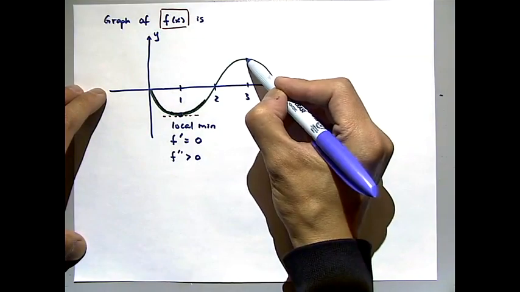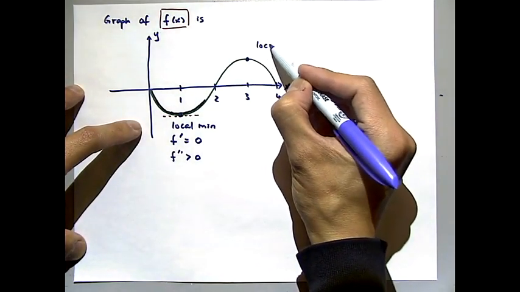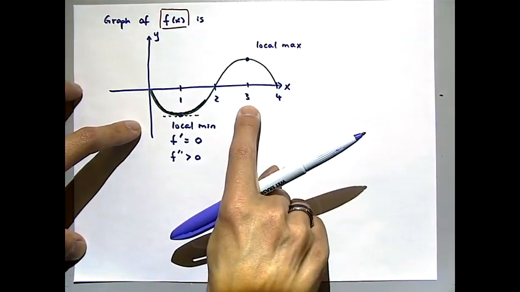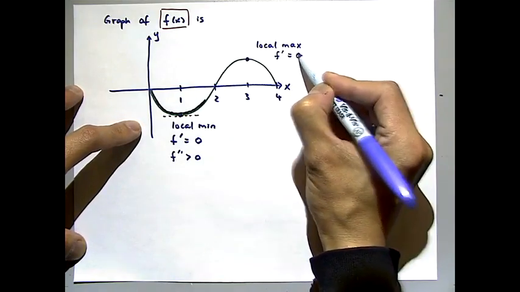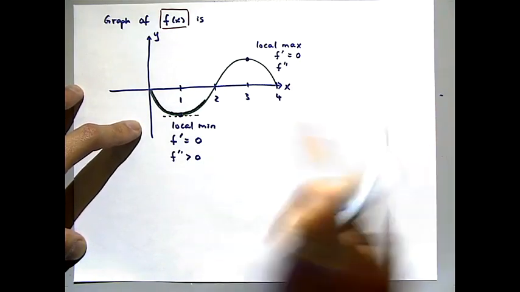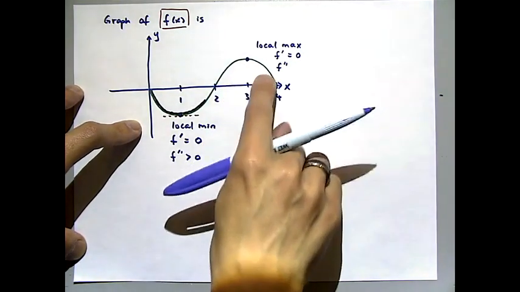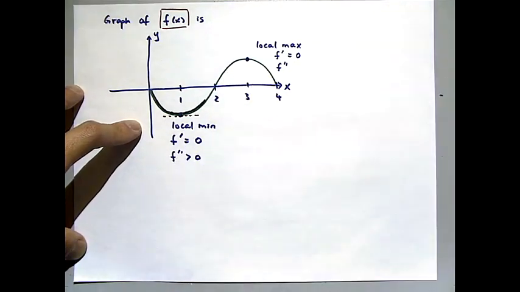And notice the other kind of thing happens at local max. At the local maximum at x is equal to 3, again, f prime is equal to 0. This time it is sitting on the top of a downward opening parabolic shape. It is concave downward.